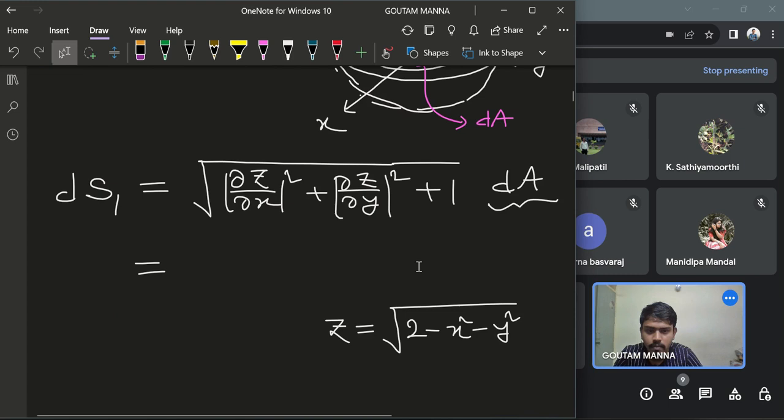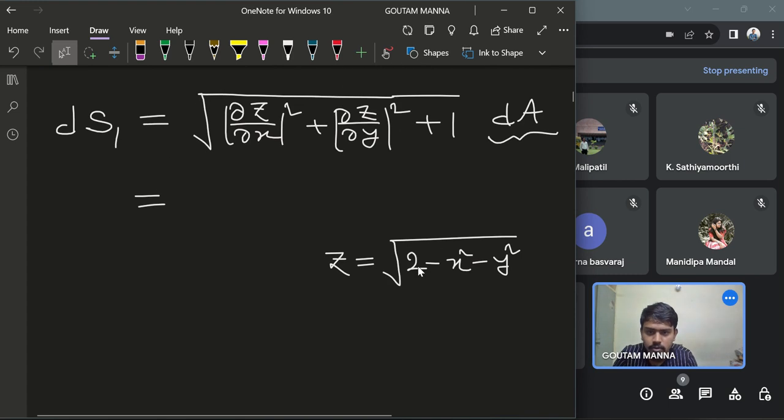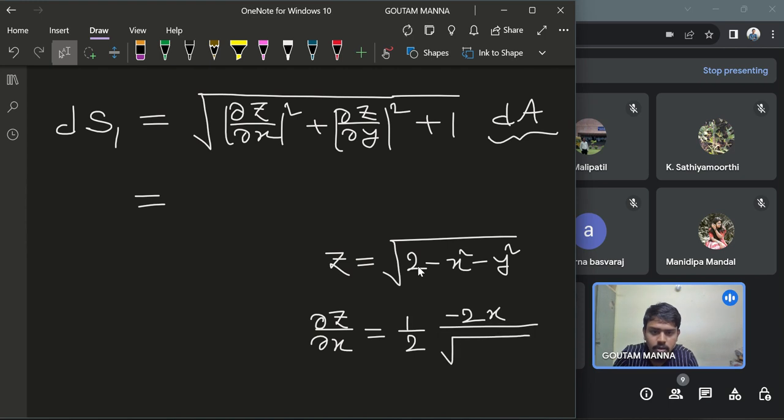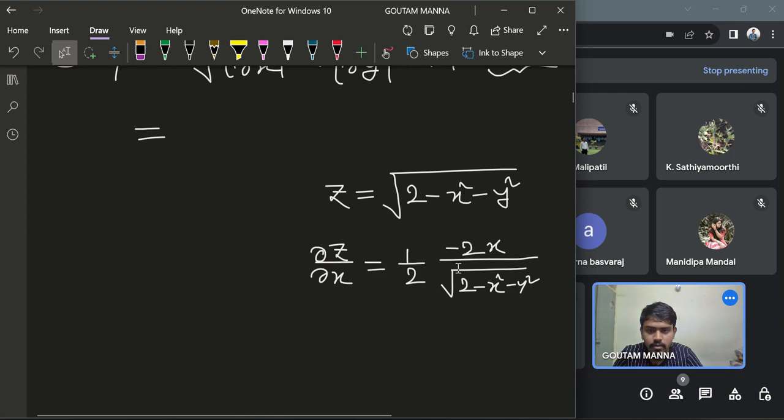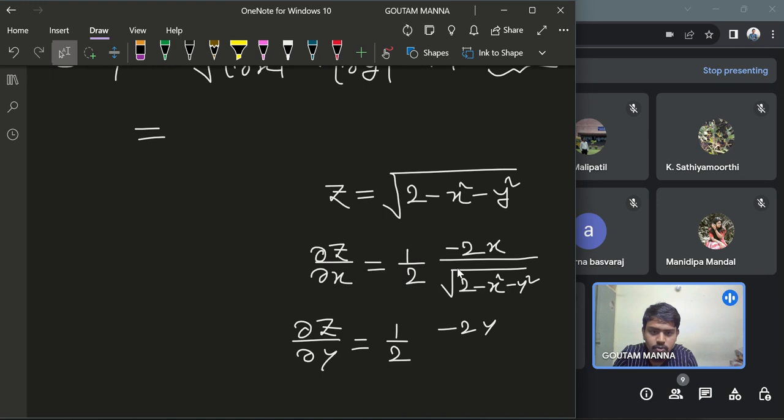Then del z del x will be half times minus 2x by root under 2 minus x square minus y square, and del z del y will be half times minus 2y by root under 2 minus x square minus y square.